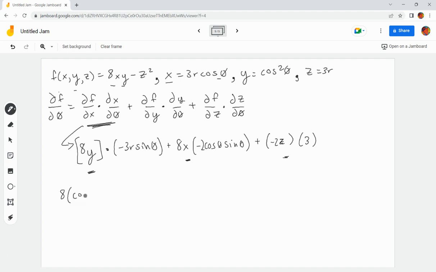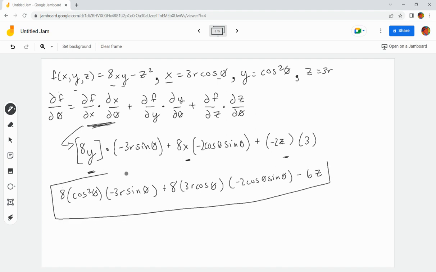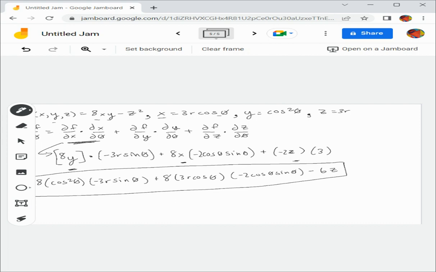So 8 parentheses cosine 2 theta multiplied by negative 3r sine theta, plus 8 times 3r cosine theta, multiplied by negative 2 cosine theta sine theta, minus 6. So that should be the answer, and I hope I didn't mess it up.